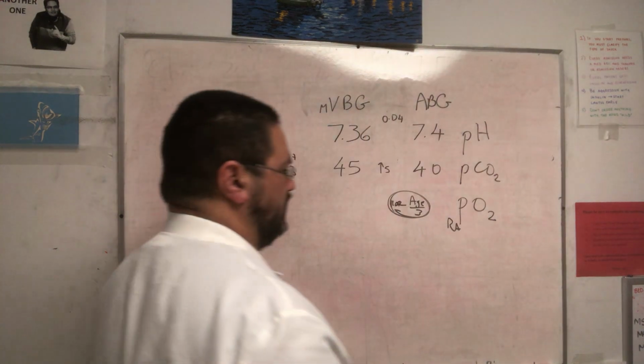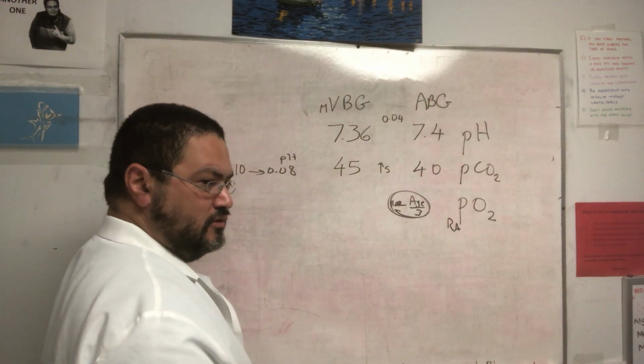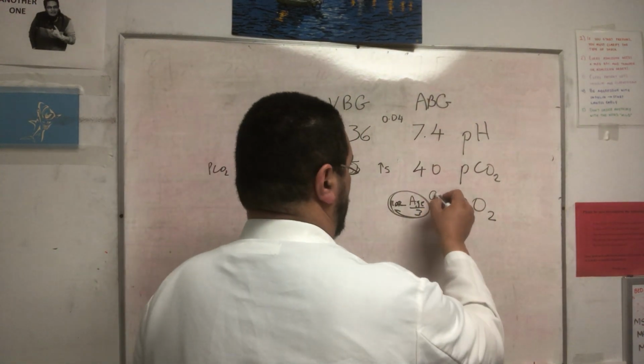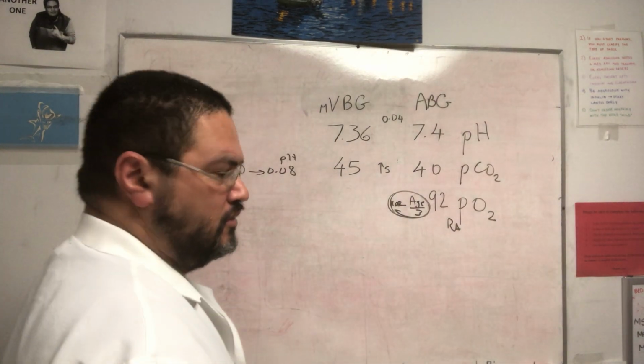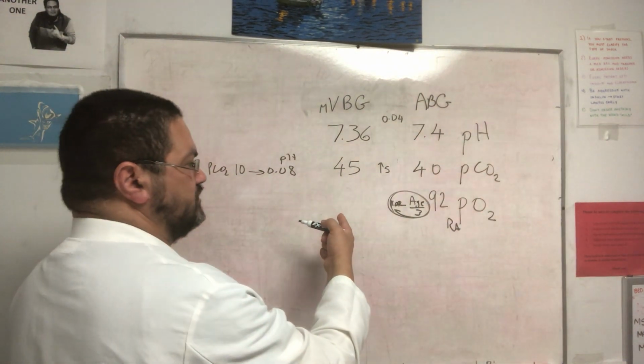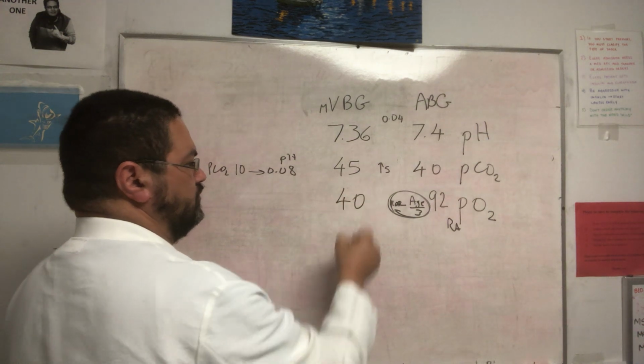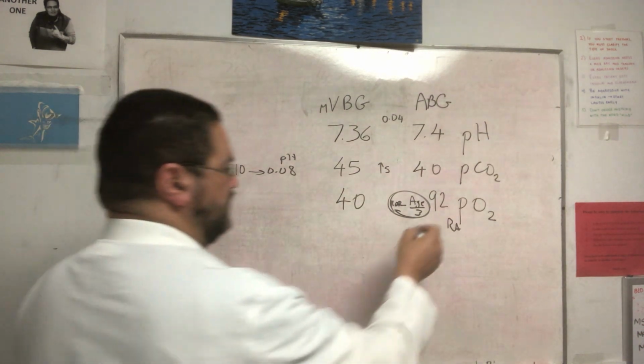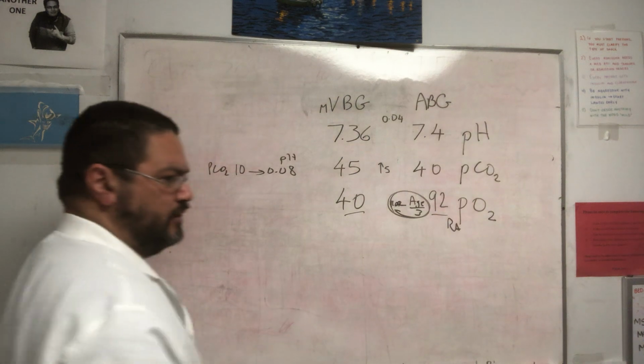So if you're 30 years old on room air, you should have a PO2 of 92. The normal mixed venous PO2 is 40 millimeters of mercury. So that's millimeters of mercury, that's millimeters of mercury, okay?